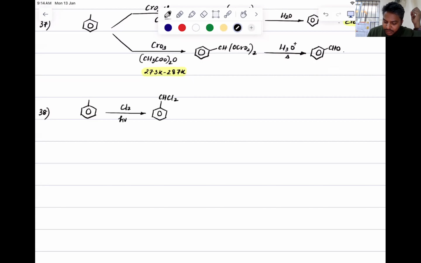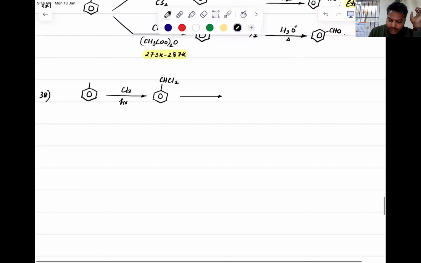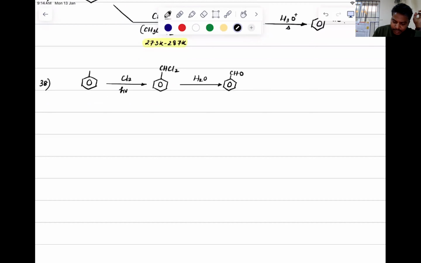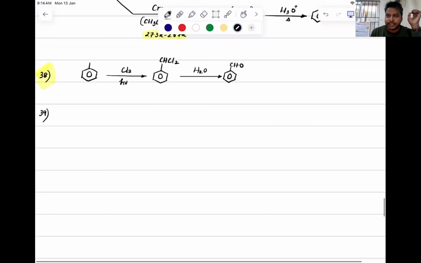It is supposed to be monochloro and it should be mentioned as 2 equivalents of Cl2, but it is not mentioned. Imagine, because directly this is how it has been mentioned in NCERT. So we can say that their idea is to get that into a benzaldehyde form. So that's why the reaction, and you'll get this as CHO. This is the product form. So I would suggest that this is a very important reaction because straight away it would be asked.